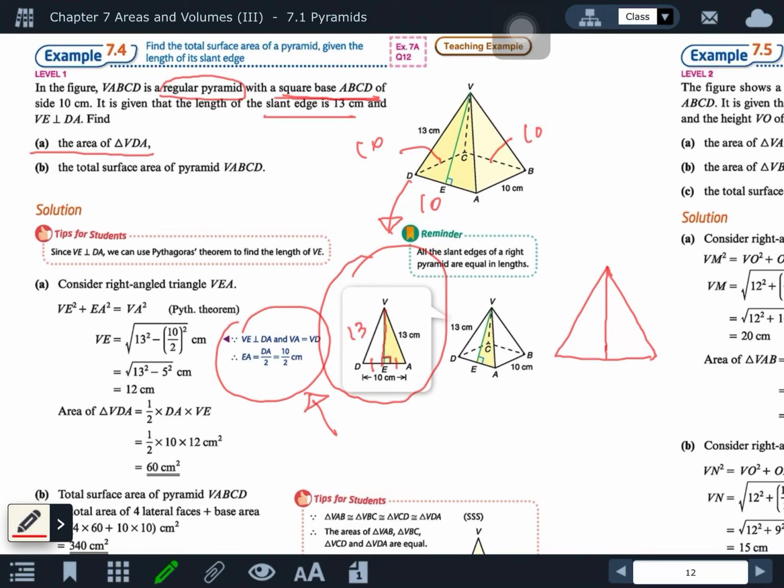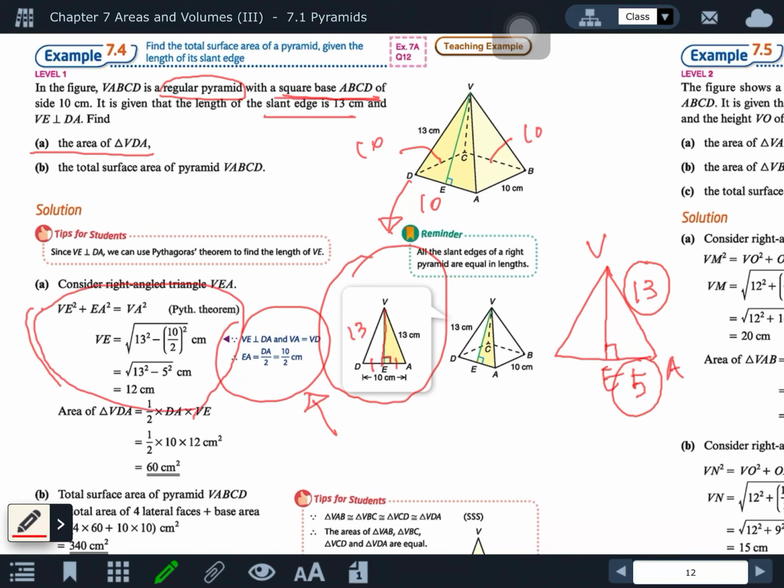All you need to know is that VE is perpendicular to this, and this is 10 divided by 2, which is a length of 5, and then the slant edge is 13. Now you can use the Pythagoras theorem to find VE. You can see the Pythagoras theorem is right here.